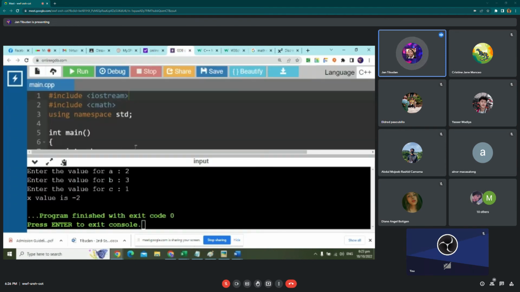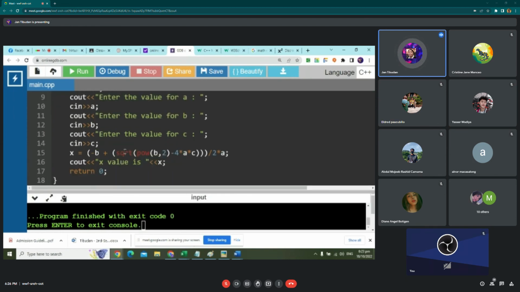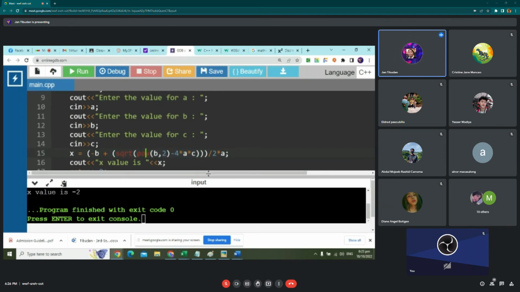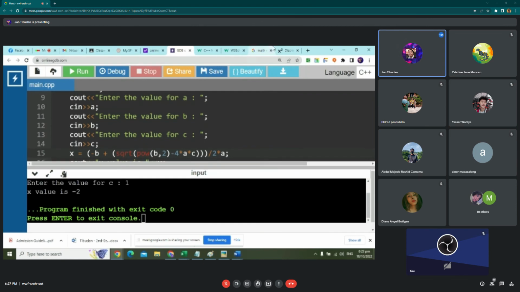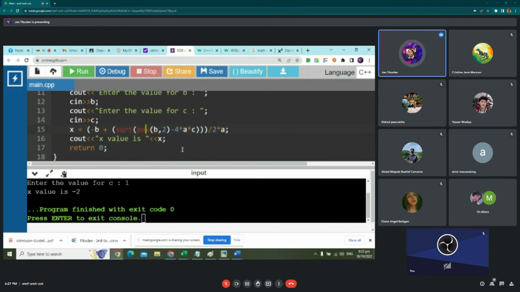Parehaan ni, we're using the power and the square root. Okay? So, later, may activity nga mag-convert og mathematical equation into C++. Okay? So, ana siya, class.